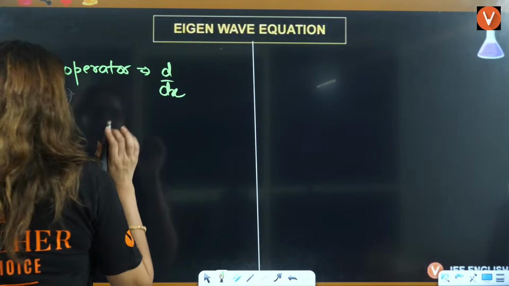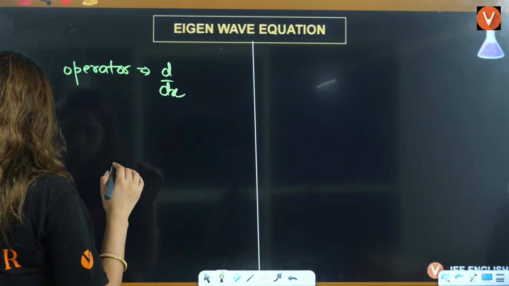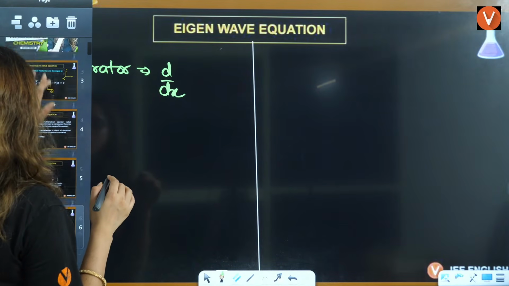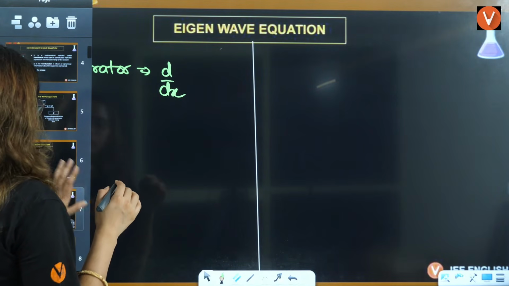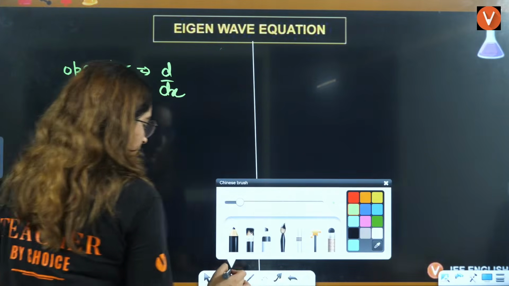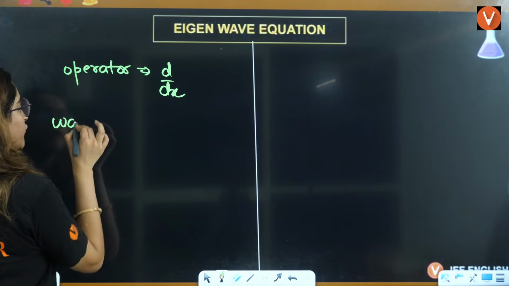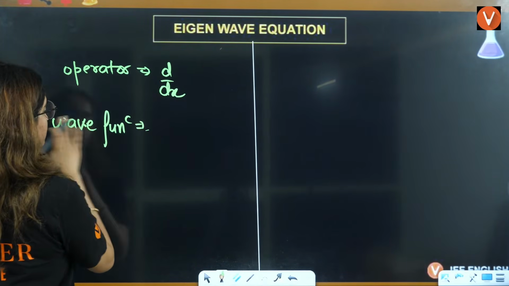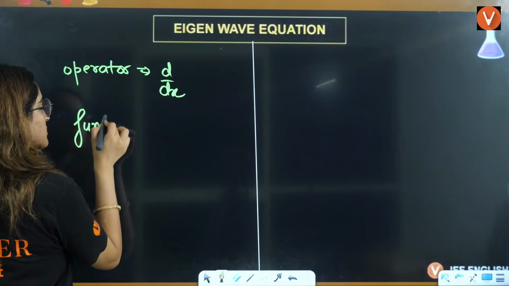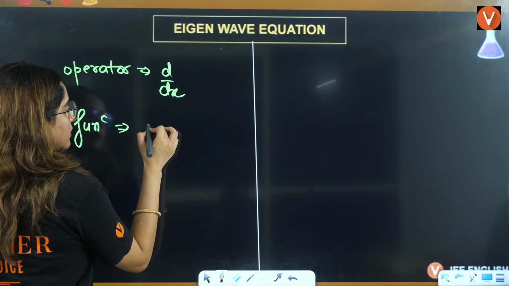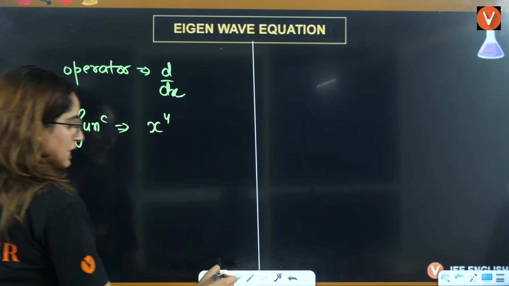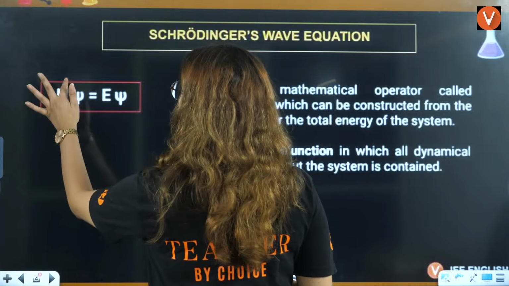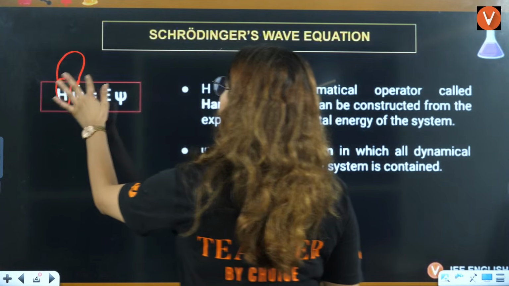Okay. Now, I'm assuming two things here. I'll just copy paste this slide here. Here I am assuming that the wave function, or you can just say the function, is x raised to power 4. Now, can you see, always here also the operator is working on the function.